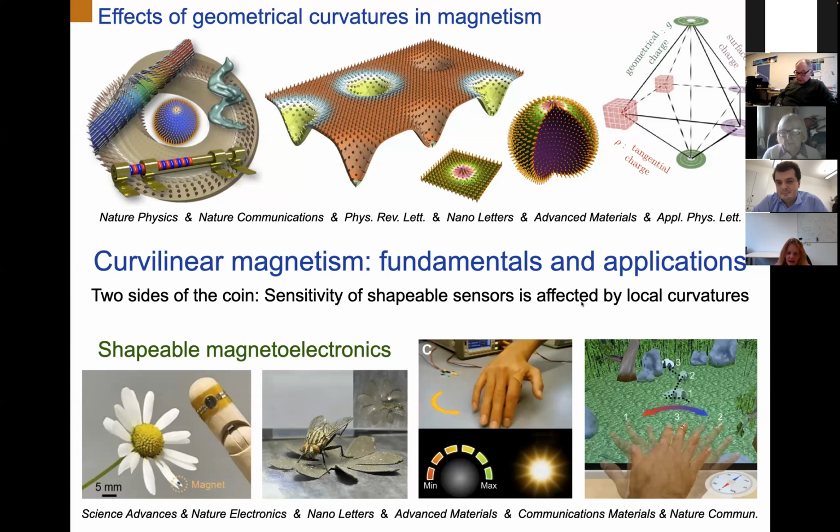And on the other hand, we are talking about these nanoscale curvatures. So do we need to go deep into the nanoscales if we would like to think about devices aimed at the human body?